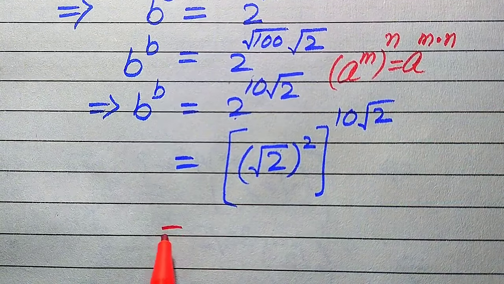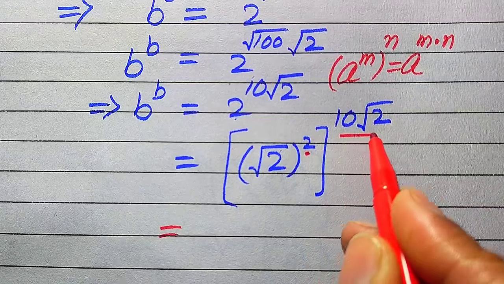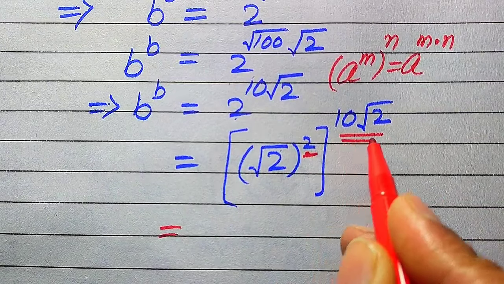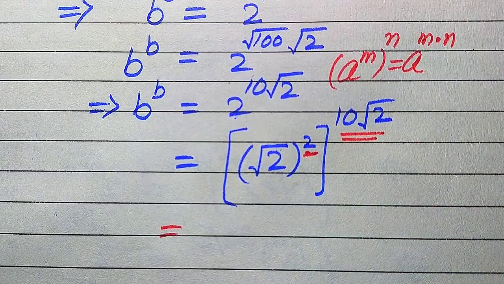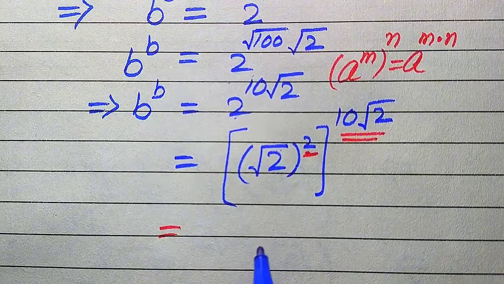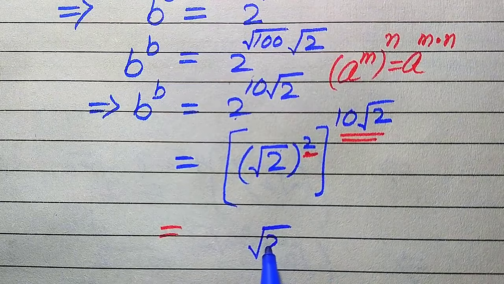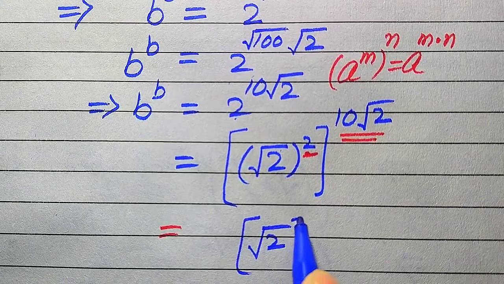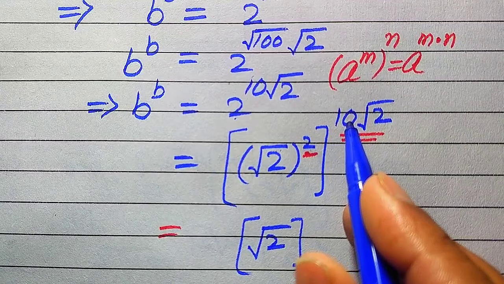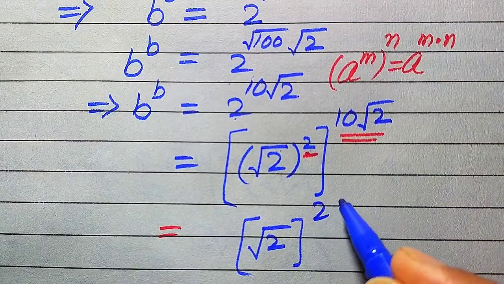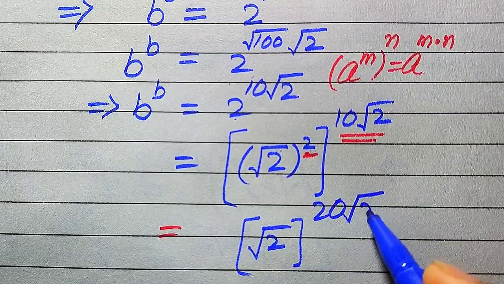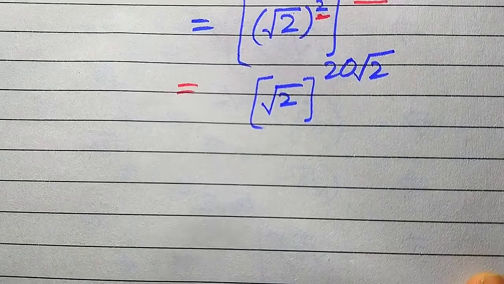According to this rule of exponents, we need to multiply these two exponents, this exponent 2 and this exponent. So when we multiply both of these two exponents, it will be written as square root of 2 and its whole exponent is 2 times 10, which becomes 20 times square root of 2.